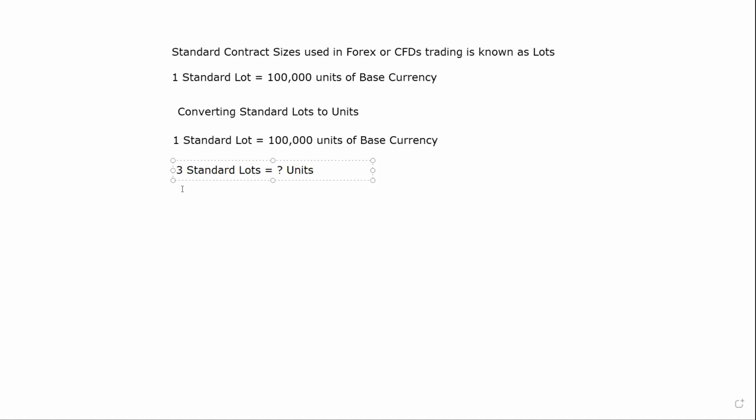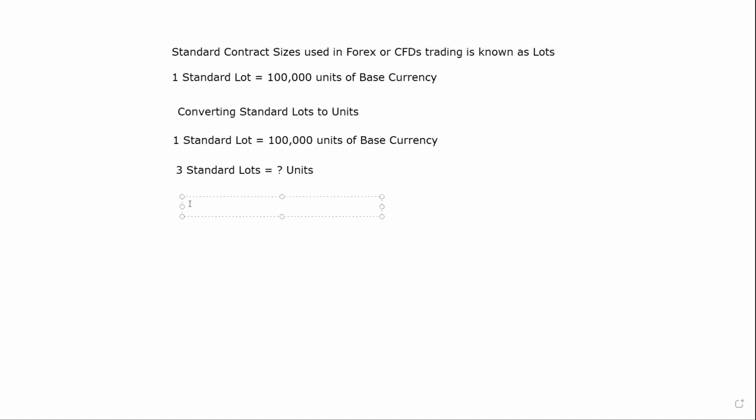It's very simple. We're going to use the direct proportion formula. I have taught you direct proportion in my previous videos. I'm going to apply the direct proportion method to figure out the conversion between lots and units.